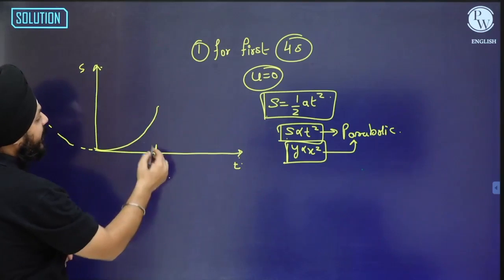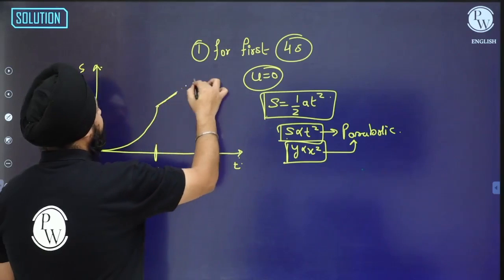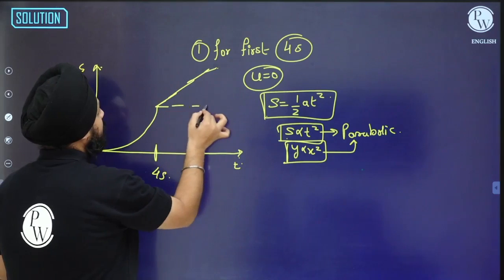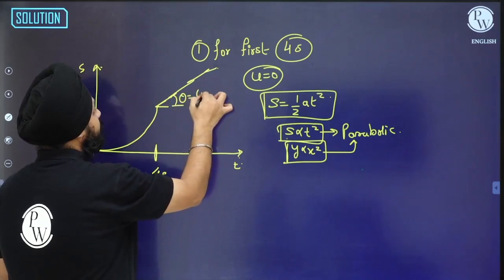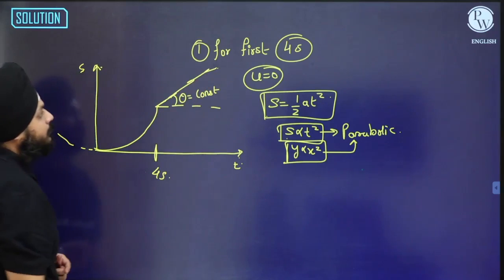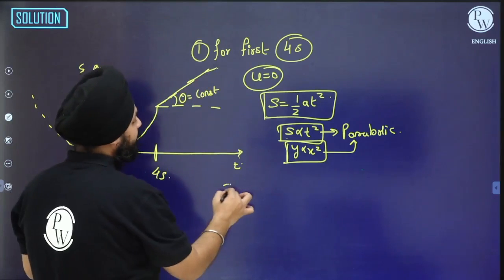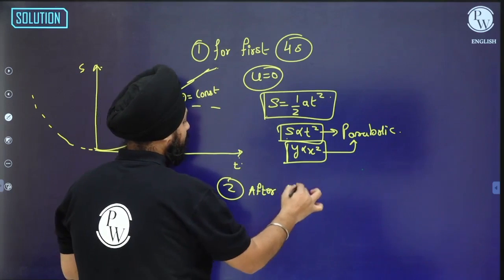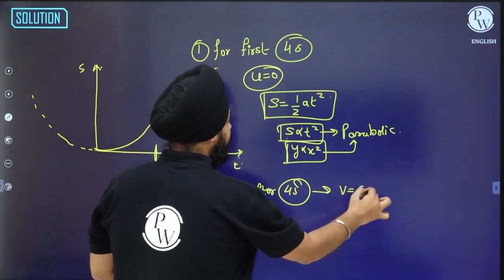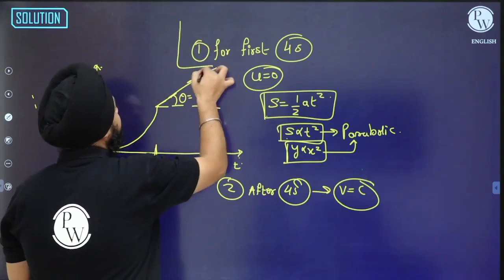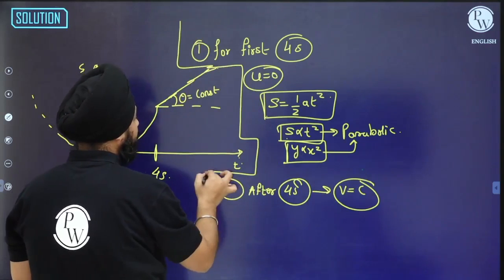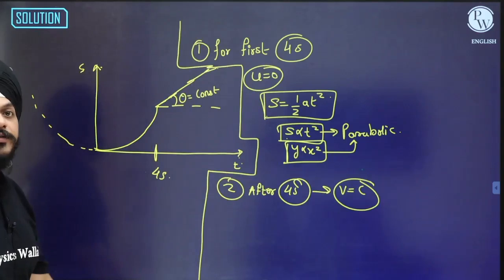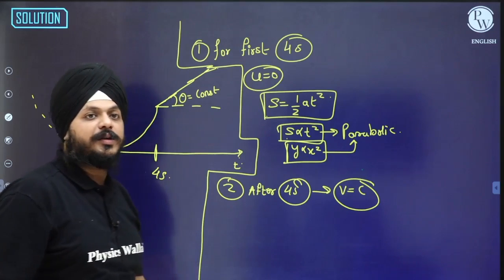Now, after 4 seconds, it is moving with a constant velocity. The slope theta is constant. After 4 seconds, the particle is moving with constant velocity.